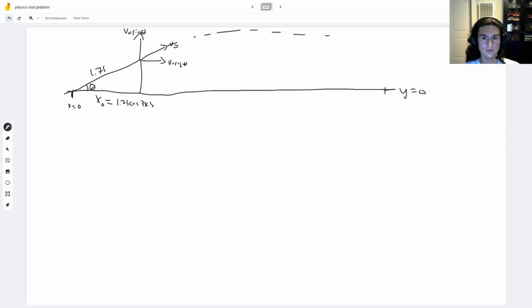Nope, more like this. So now we're going to have to use a combination of x and y to find the final velocity. And one more thing I'm missing is the initial y position, which is going to be 1.75 cosine of 38.5. So what I'm going to do is set up two kinematic equations.